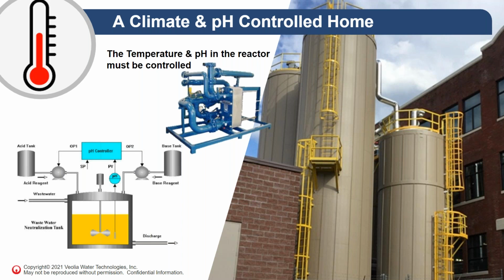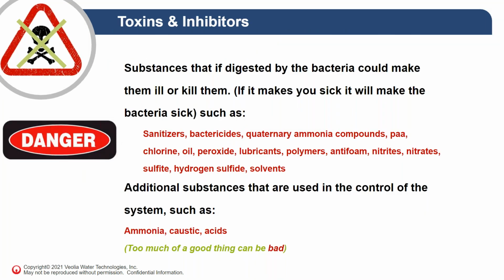So the pH is controlled in such a way that if the pH in the reactor is too low, our systems automatically add caustic or magnesium hydroxide or potassium hydroxide, something like that, to the system so that the pH is more in the neutral range. We didn't talk about temperature. Same thing for temperature. We keep the temperature in an optimal range, which is like body temperature.